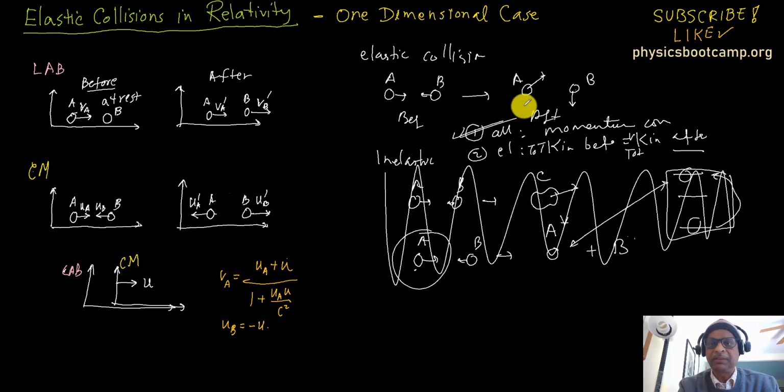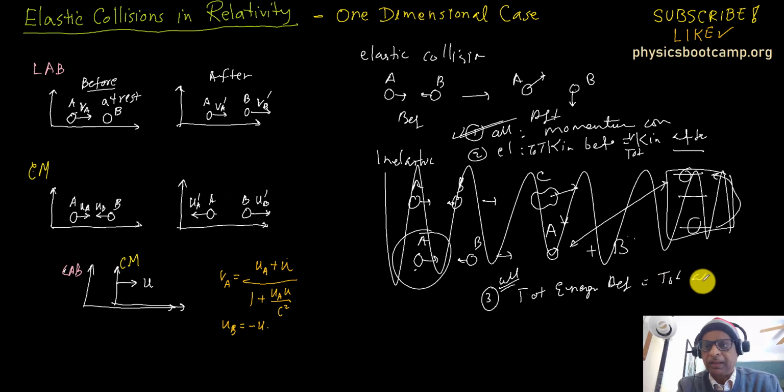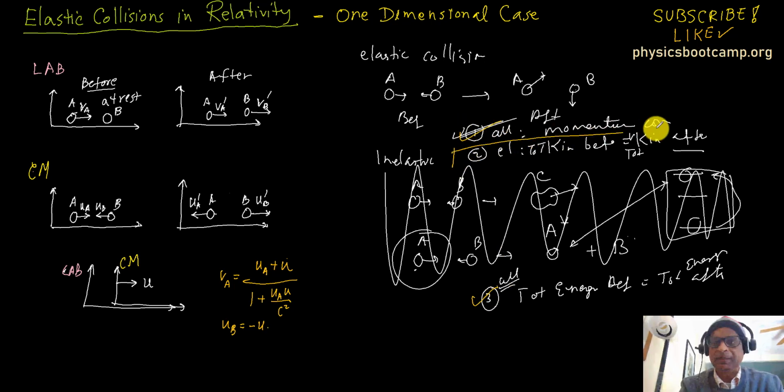This is the condition on momentum. But of course, you might say a third condition, total energy. Total energy before equals total energy after. So momentum and total energy hold in every collision, but kinetic energy conservation holds in an elastic collision.